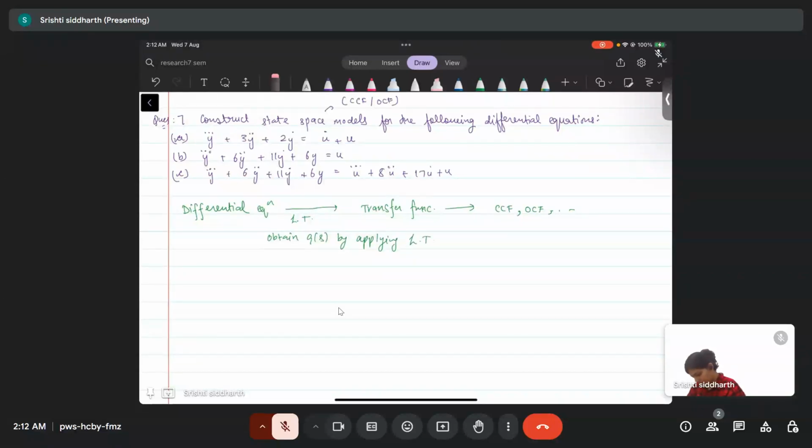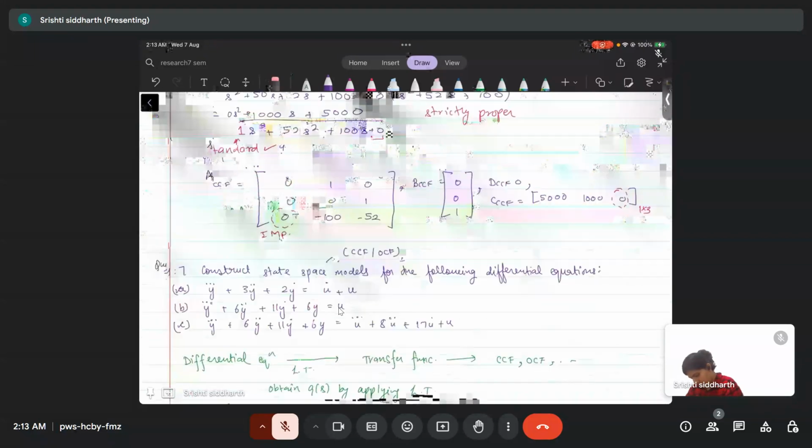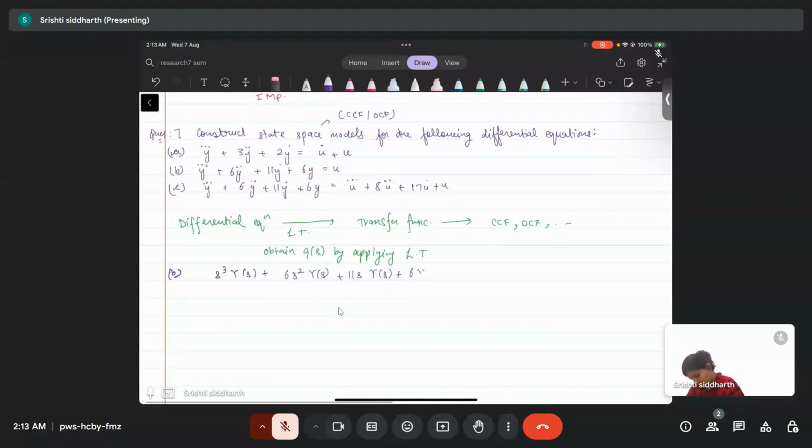Alright, so let's look at the simplest example first with no derivative of the input. So let's consider part B. Let's take the Laplace transform on both sides, with zero initial conditions for transfer functions. This is simply going to be s cube plus 6s squared plus 11s plus 6 times Y(s) equals U(s).